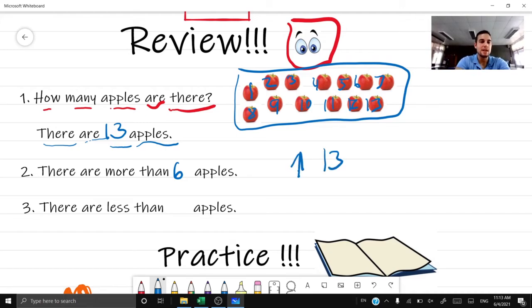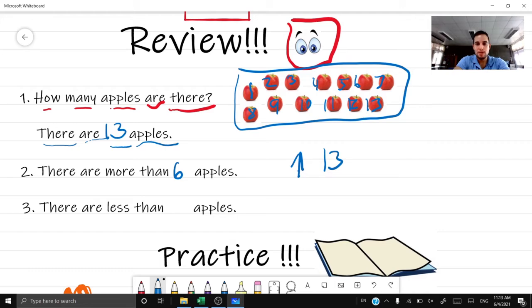Let's take a look at number 3. This says there are less than 100 apples. We have 13 apples. And let's say we want to know about 100 apples.